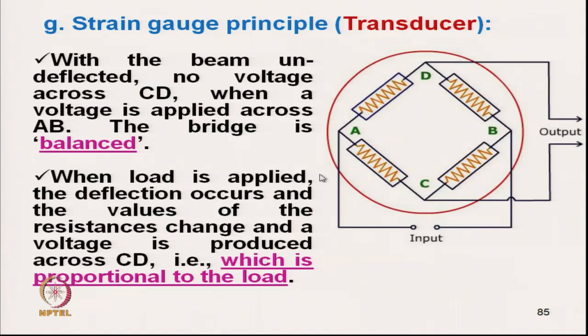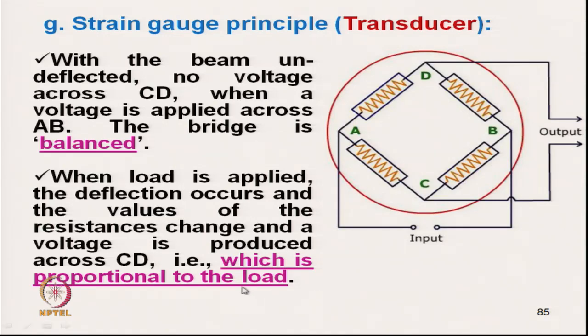When load is applied, the beam will get deflected and the resistance value will change. There will be an output voltage across CD, and this voltage value is proportional to the load value.